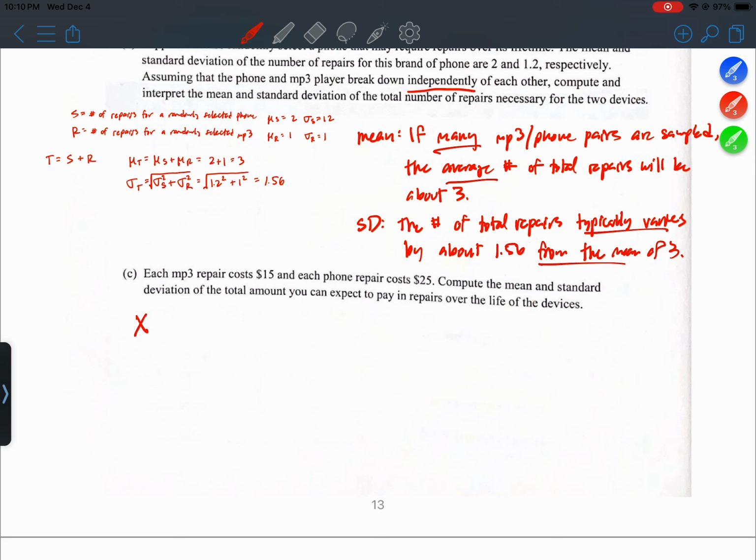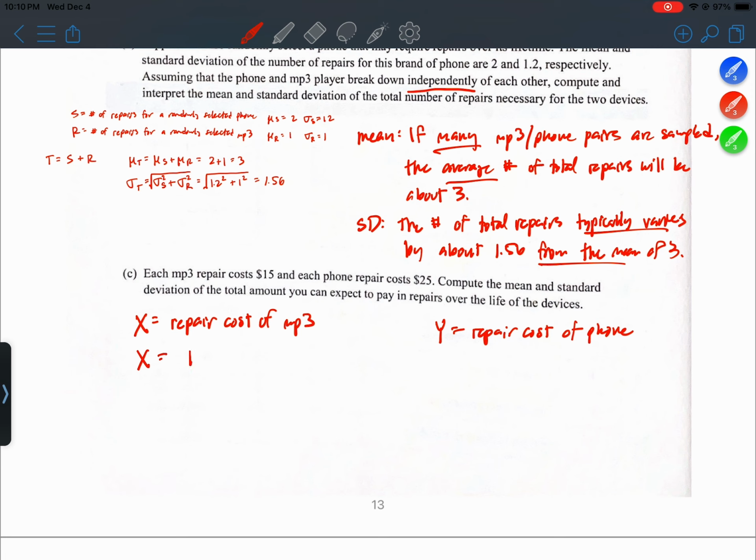So never used X yet, so let's use X. X is the repair cost of an MP3 player, and Y will be the repair cost of a phone.